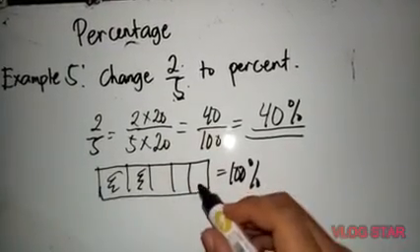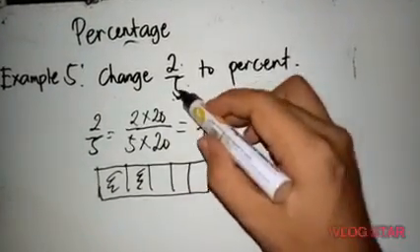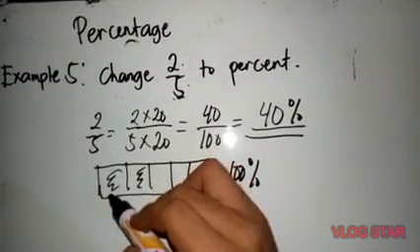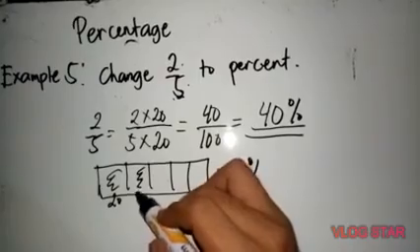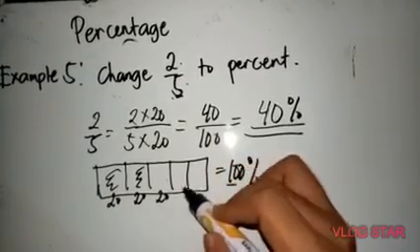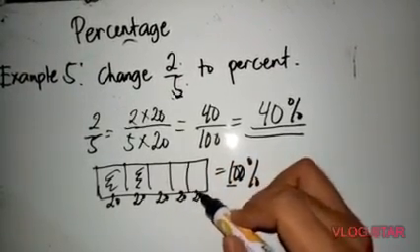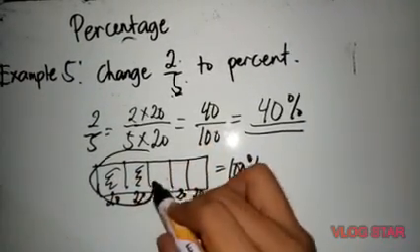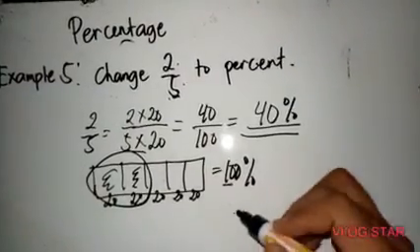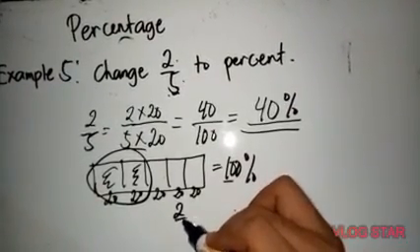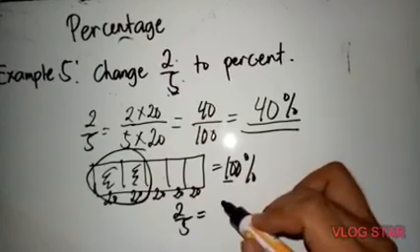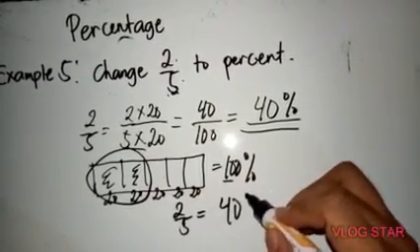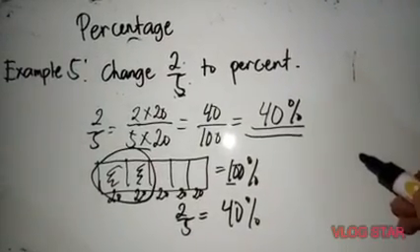If this whole is 100% and it is divided into 5 equal parts, it means that each part is 20%. Since we're just talking about the 2 parts, then 2/5 is equal to 40%.